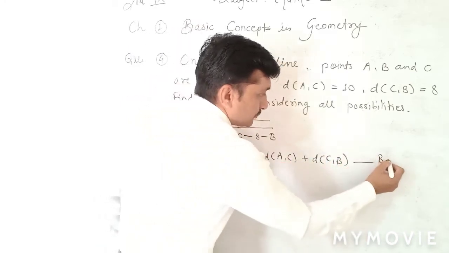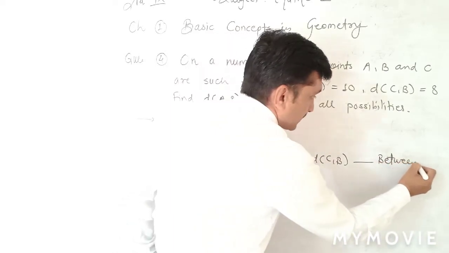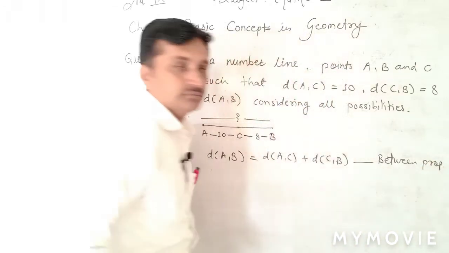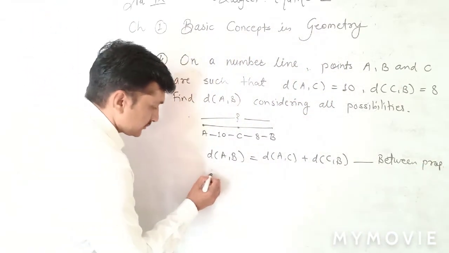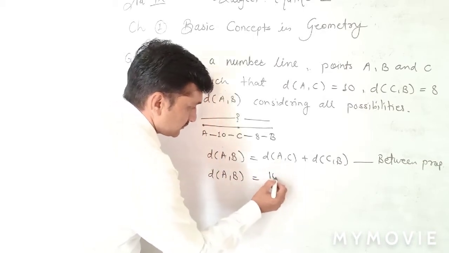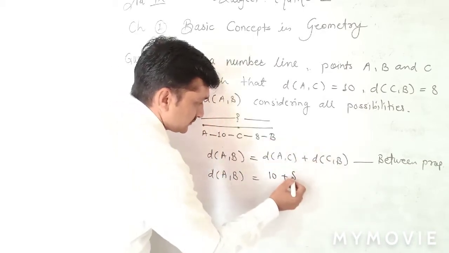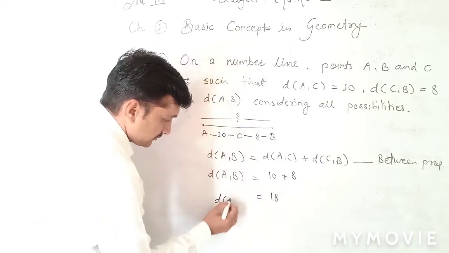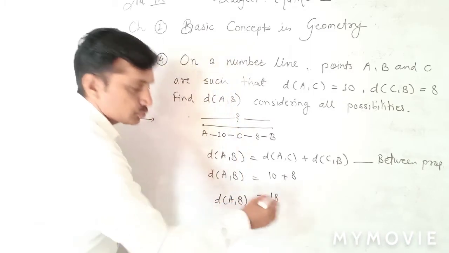Here also by the betweenness property, put values. Distance AB is equal to AC, 10, plus CB, 8, which is 18. Therefore distance AB is equal to 18.